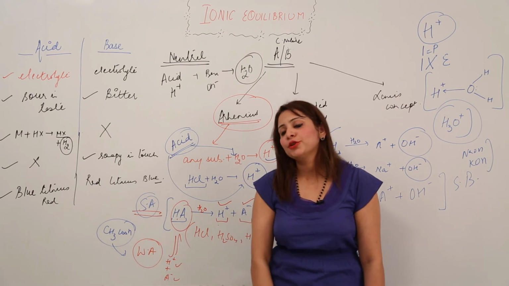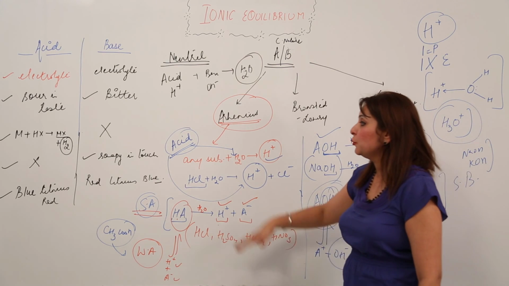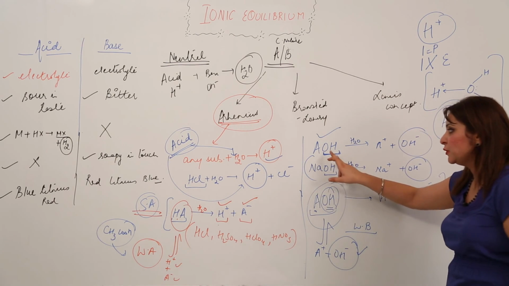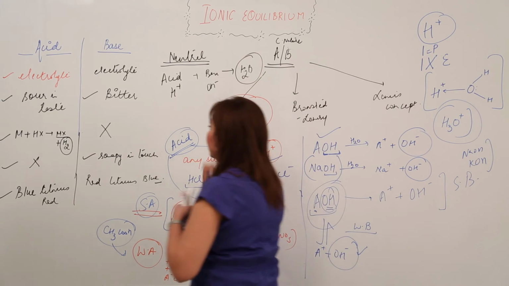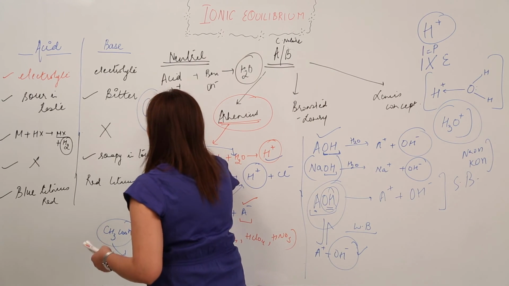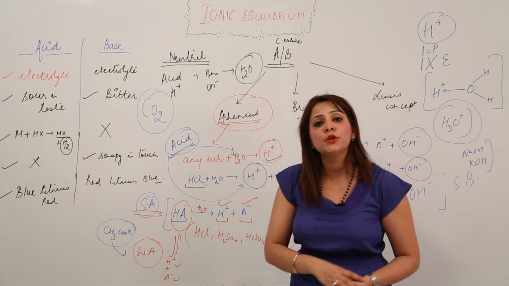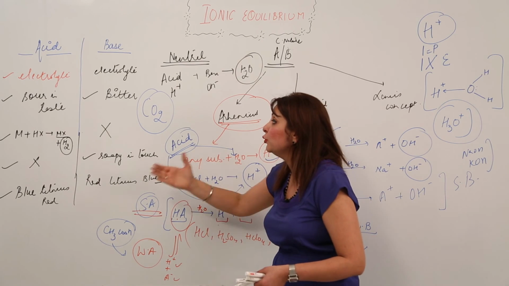The second limitation was that he said any substance to behave as an acid should contain the H ion, right? And any substance to behave as a base should contain the OH ion. But there are a few substances, like CO2. You have done in previous classes that CO2 is acidic in nature. So how can we come to know that it is acidic?